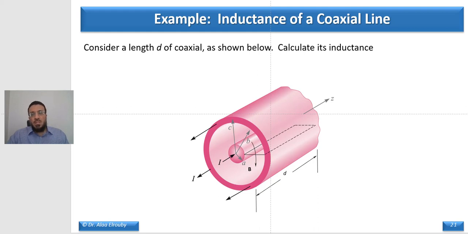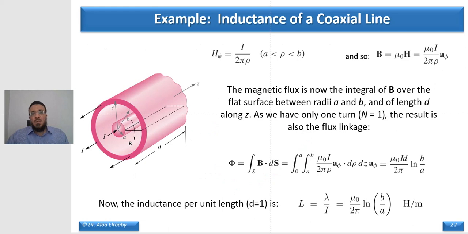When we calculate the inductance, we actually care about only the region between the two conductors. So we need to calculate the field inside this region, then calculate its linkage to this area. Let us see how we're going to do this.